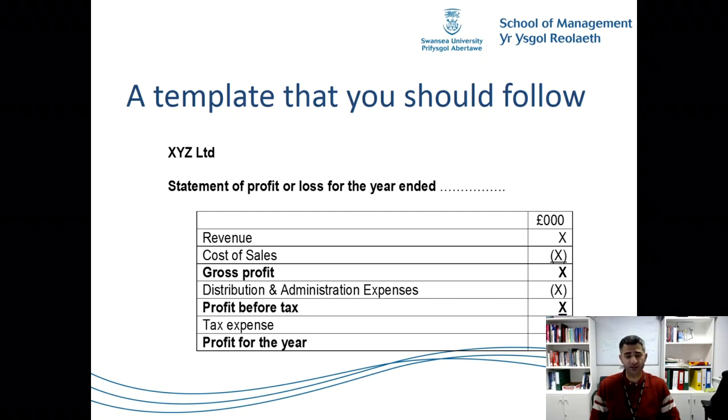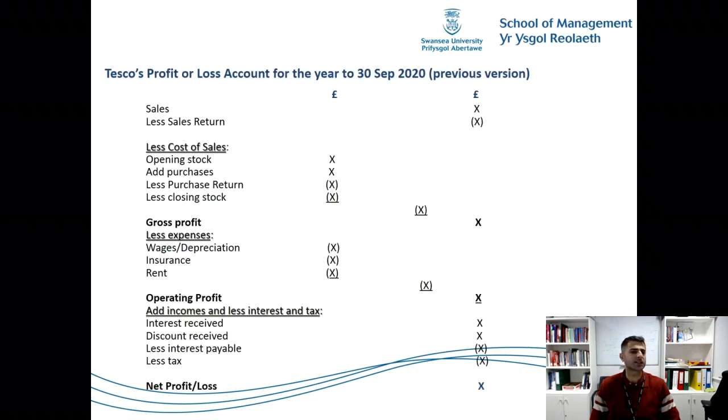And after that, you deduct the tax. In this case, you will have profit for the year, or net profit.